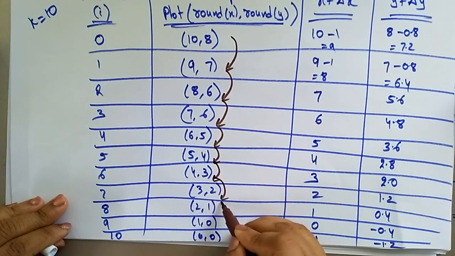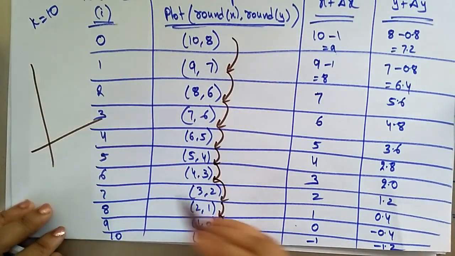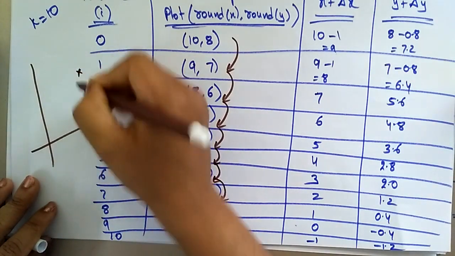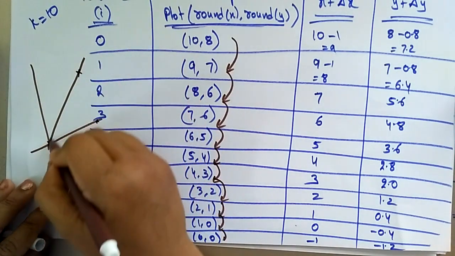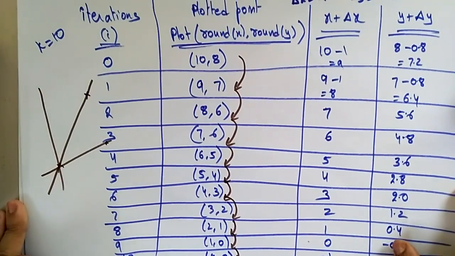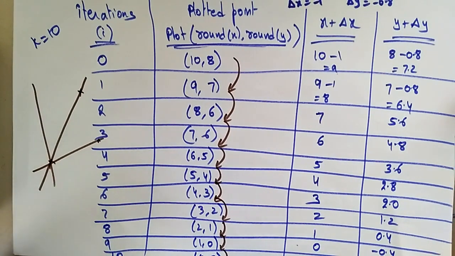With the help of this, you will get the line segment between (10, 8) and (0, 0). So this is how you draw the line segment by using the DDA algorithm. Thank you.